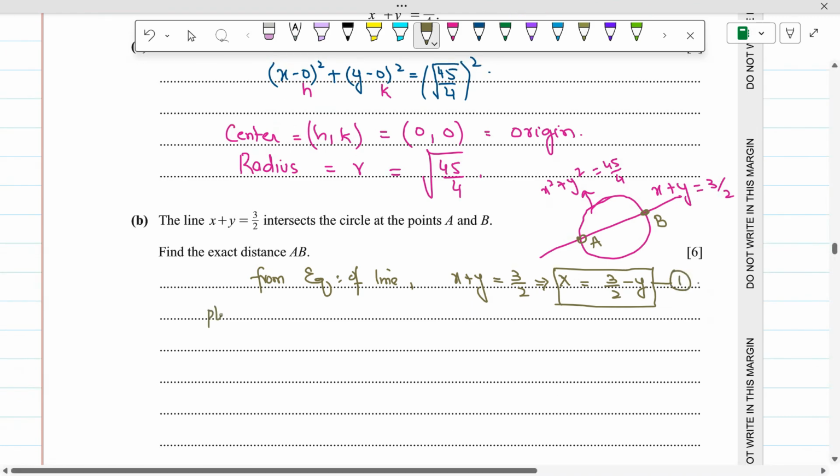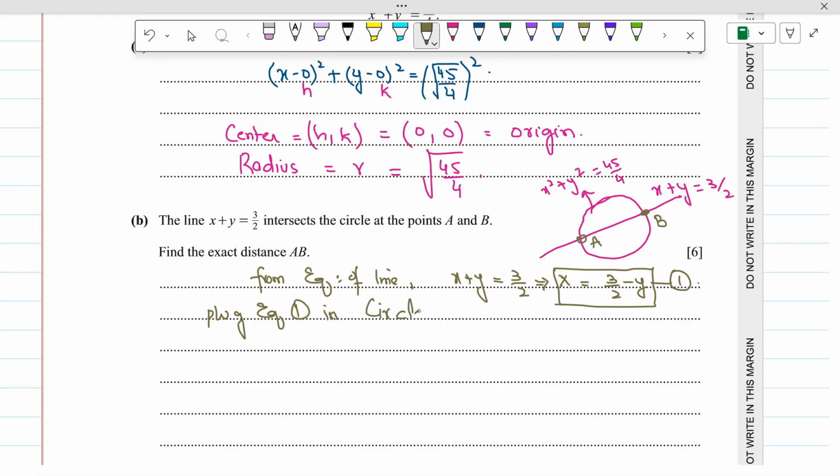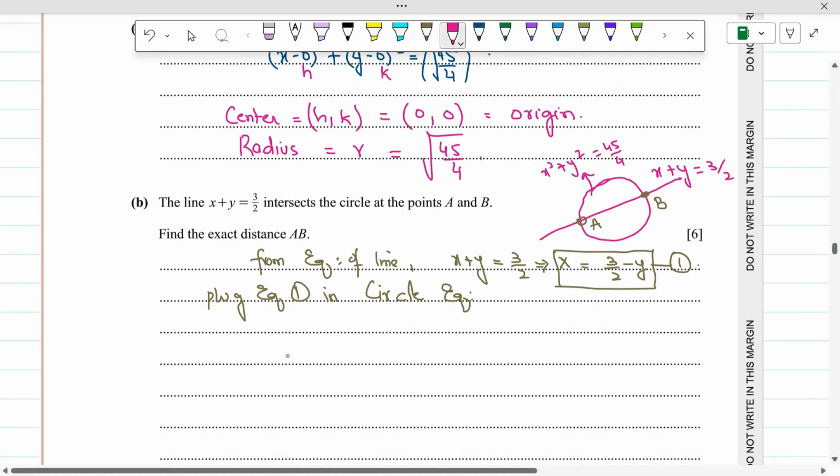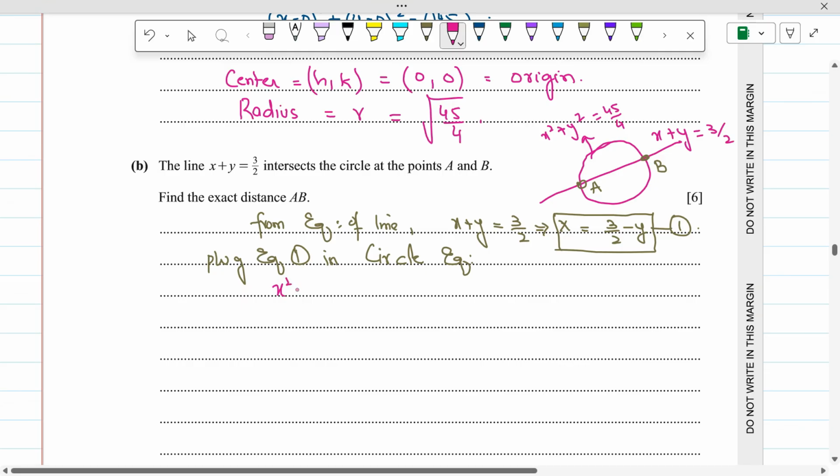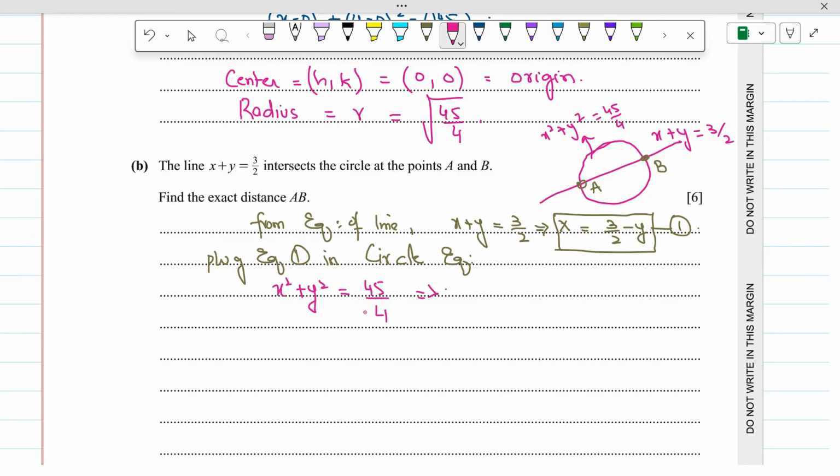Plug equation 1 into the circle equation, x squared plus y squared equals 45 over 4. Plugging in the x value, we will have (3 over 2 minus y) whole squared plus y squared equals 45 over 4.